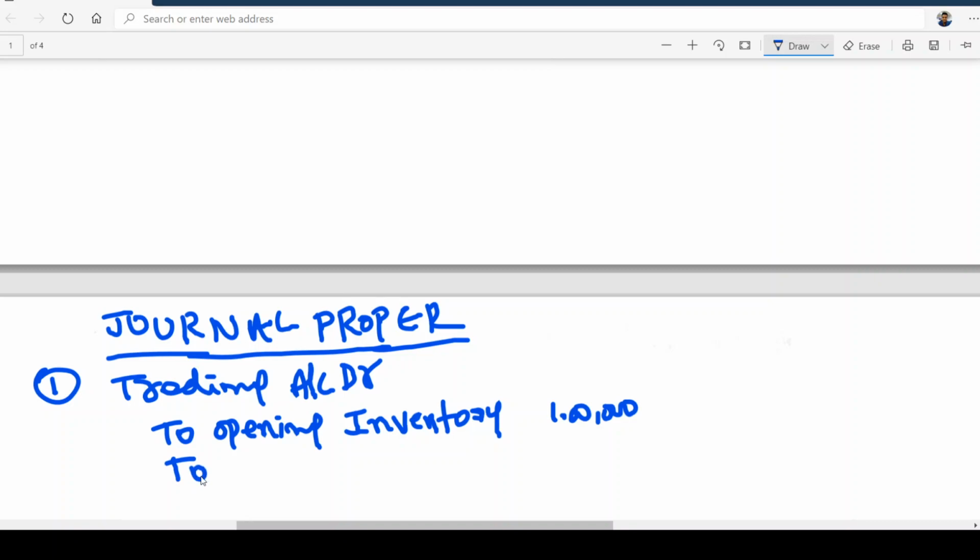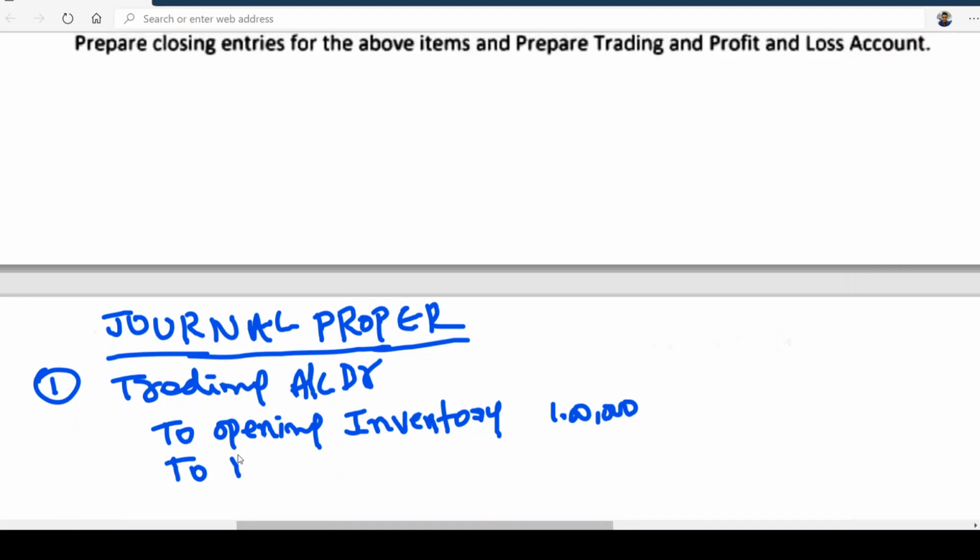Next, trading account debit to purchases. As far as purchases are concerned, we shall write the net purchases. Is this clear? So purchases here, whatever we are transferring to trading account, is net purchases, or we can adjust later on from purchases. Purchases 6 lakhs.